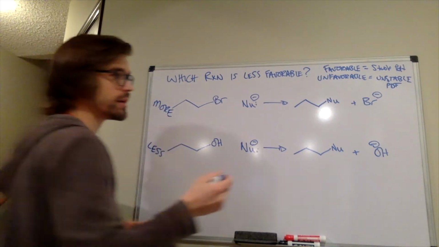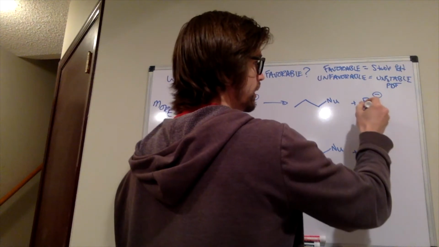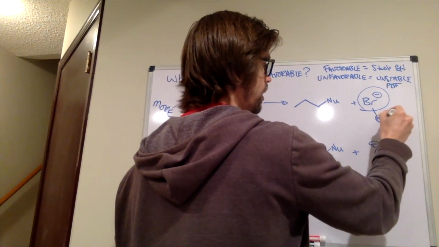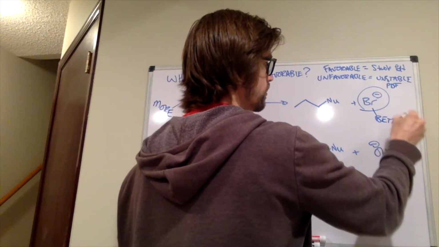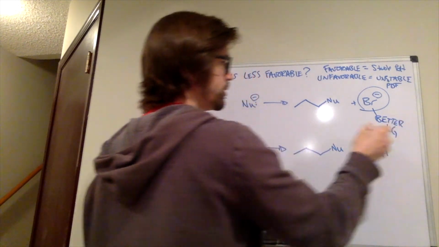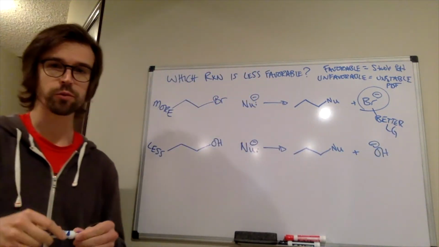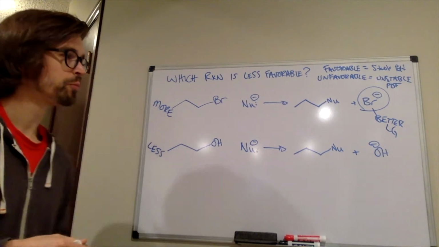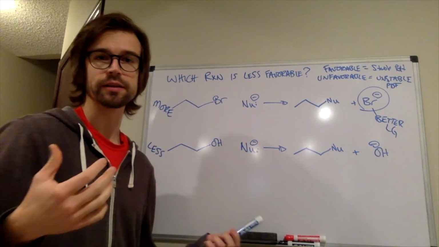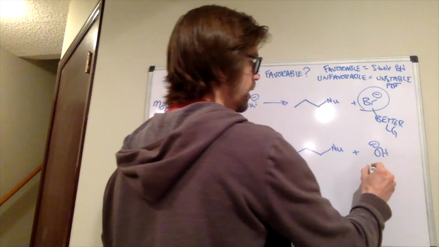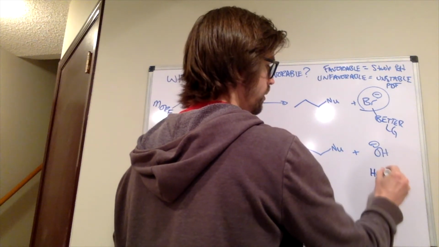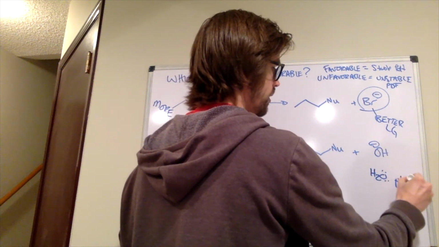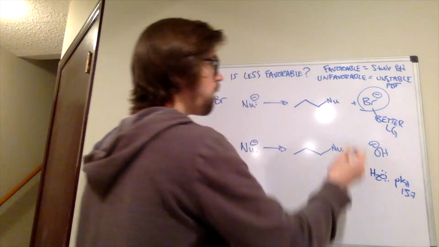Why is that? That's because Br minus is a better leaving group compared to OH minus. How can we put a value to that? Well, how stable is OH minus as a conjugate base? H2O has a pKa of 15.7.